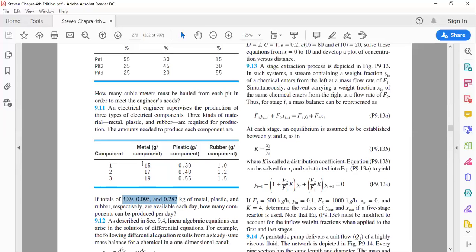If you are working in this factory and you've already decomposed this A matrix into your L and U, then to know how many components can be produced, given these available quantities, you don't need to go back and decompose your A matrix because it's already constant. It doesn't change, so you already know it.